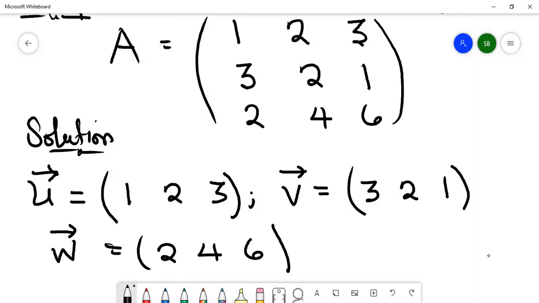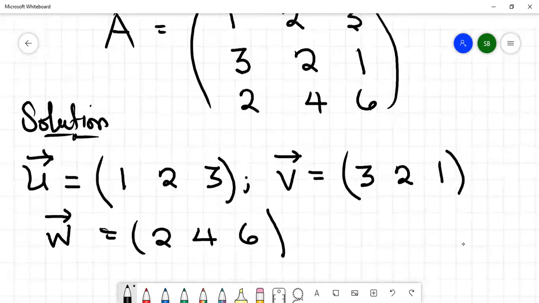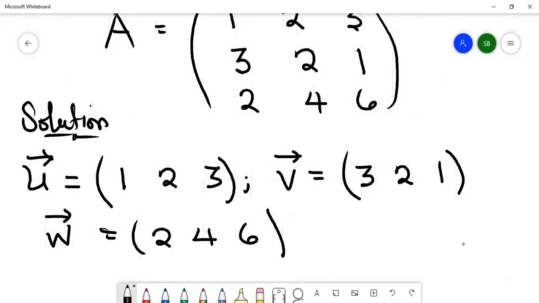Now, by definition, the rank of A is simply the number of linearly independent vectors. So we need then to check, are the vectors U, V, W linearly independent? If they are linearly independent, then we have 3 vectors that are linearly independent, and that would mean the rank is, simply put, 3.